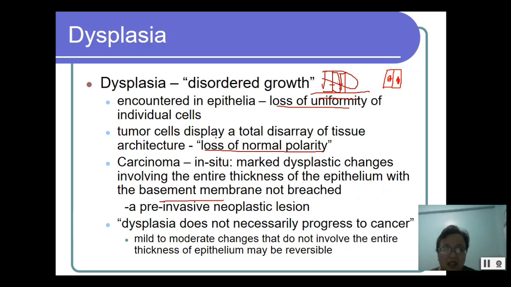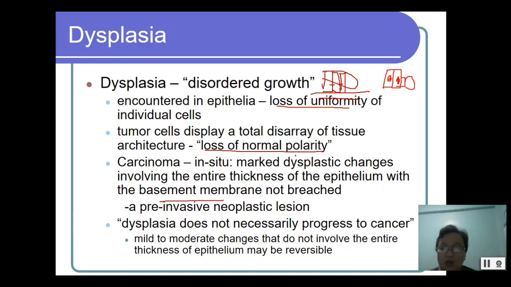If you have dysplasia, there is loss of uniformity. So, iba-iba yung shape. Hindi na sila pare-pareho, may squamous, may flat, may elongated. So, it does not follow the simple cuboidal, simple columnar anymore. What else? Tumor cells display total disarray of tissue architecture.